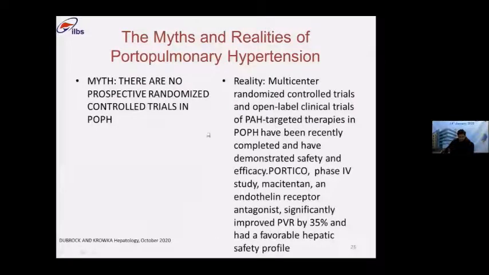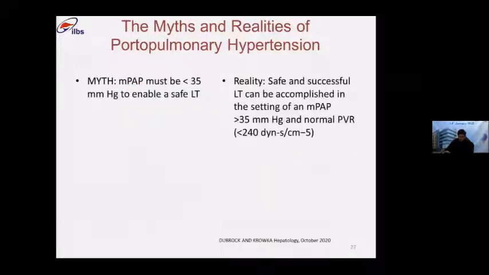One more myth is that there are no prospective randomized controlled trials in POPH. As we have seen, this phase 4 trial was able to show risk reduction in the pre-transplant period, and a reduction in pulmonary vascular resistance with the 10 mg OD dose of macitentan, with a lesser side effect profile.